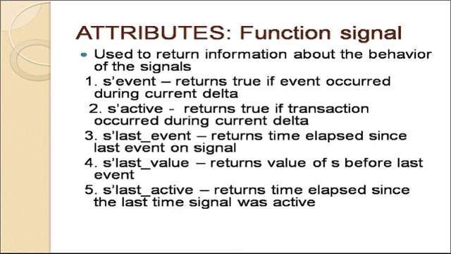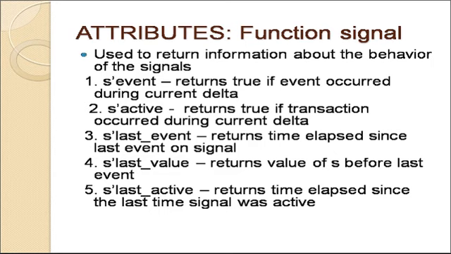Now you can see the attribute function type or function signal. Here: S tick event, S tick active, S tick last event, S tick last value and S tick last active. You remember that we have written the VHDL code for a D flip-flop.